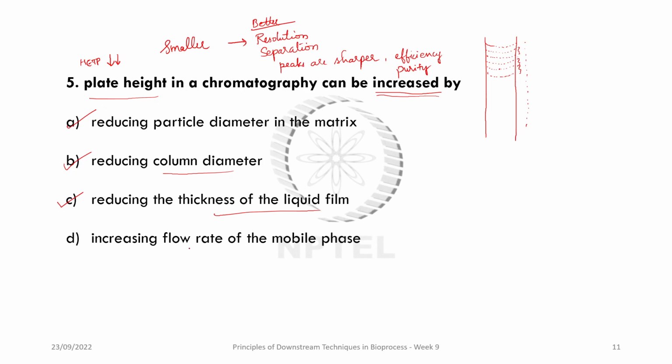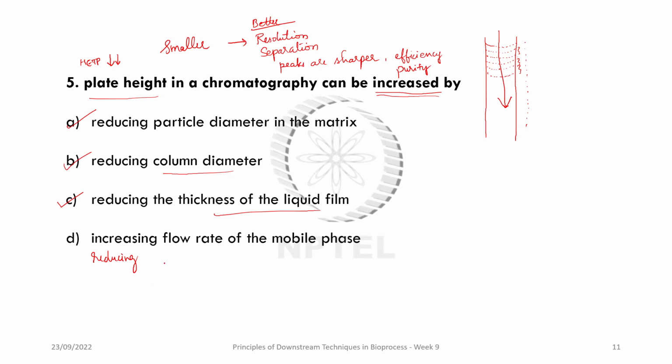But increasing the flow rate of mobile phase makes it very quick. So if you're going to go very quickly through all these plates, you're not going to enable separation to the maximum possible level, right? Rather, reducing the flow rate, a slow flowing chromatographic column is going to be better at separation than a fast moving one.